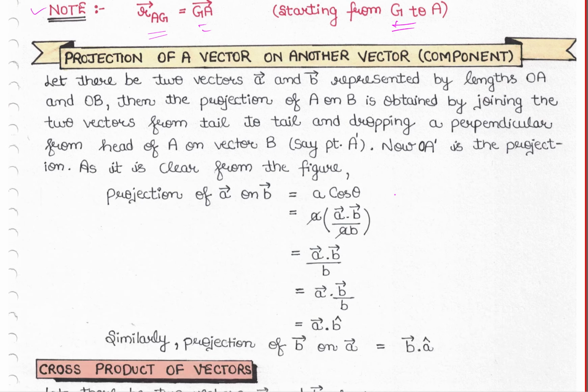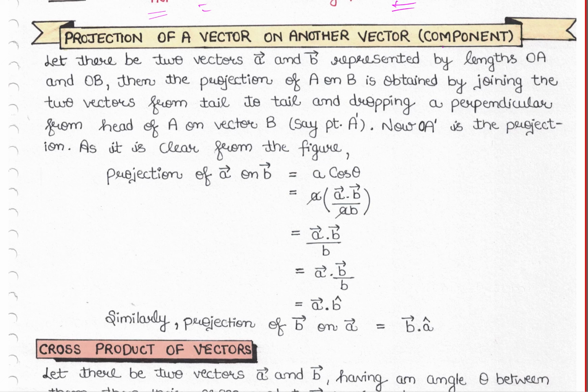Now projection of a vector on another vector, that is component of a vector. Let there be two vectors, vector A, vector B, represented by length OA and OB. Then projection of A on B is obtained by joining the two vectors from tail to tail and dropping a perpendicular from head of A on vector B, say point A prime.